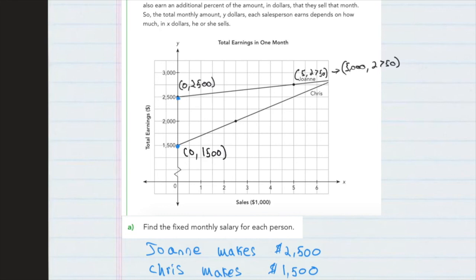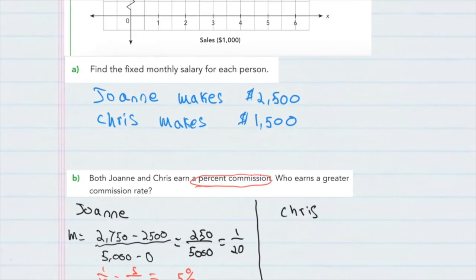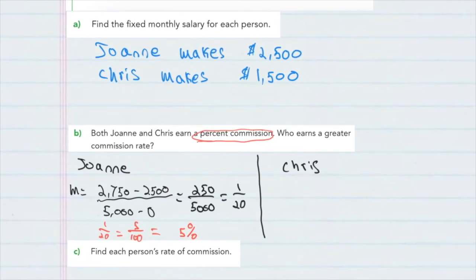And then we have another point here, and that is at 2,500 and 2,000. Go back and I'm going to use those 2 points here.